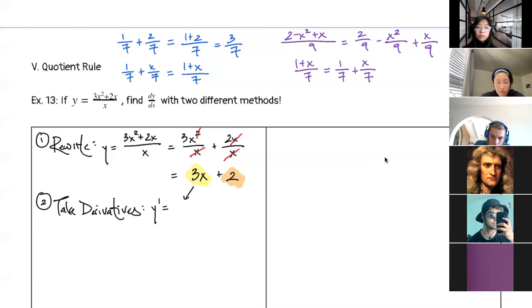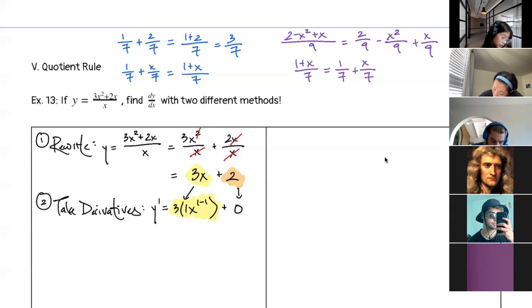Now I'm going to write this out just in case. 3, I'm going to bring down the power of 1 and then x to the 1 minus 1, right? That's what we're really doing to get to that 3. Plus, what's the derivative of 2? Okay, yeah, I believe that that is going to be 0 because 2 is just a constant, okay?